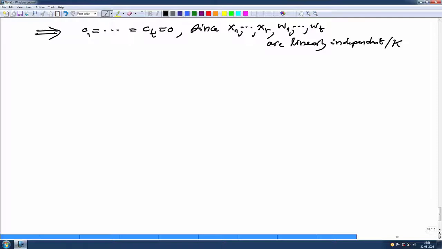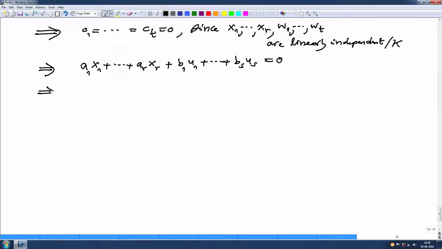Now, put this back in the given linear equation. Therefore, we get A1 x1 plus ... AR xr plus B1 U1 plus ... BS US is 0, because we already proved C's are 0. Now, x1 to xr and u1 to us are linearly independent by our choice, because they form a basis of u.